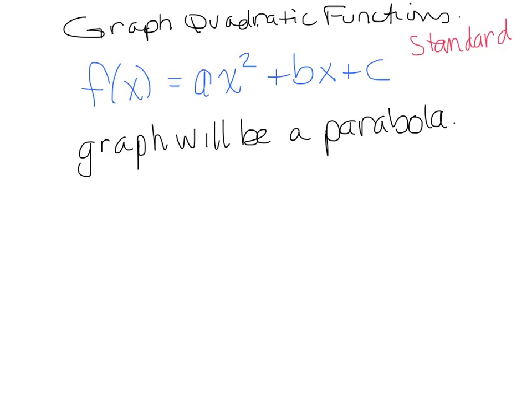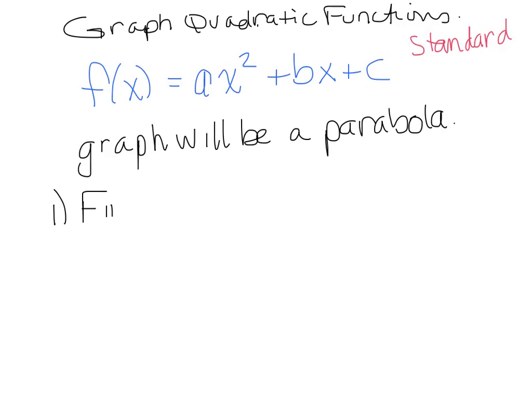Okay, so we're going to graph this using a table of values, because of course any function can be graphed using a table of values. But for a parabola, it's really critical to get that vertex point figured out. So when we graph, we're going to do a couple things.